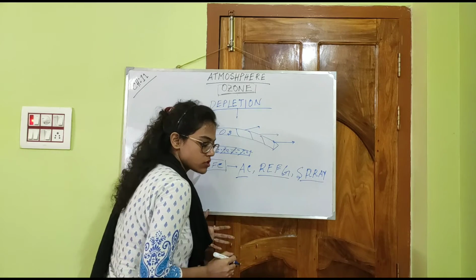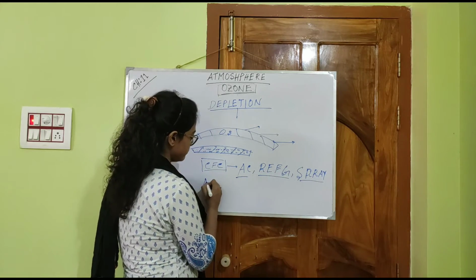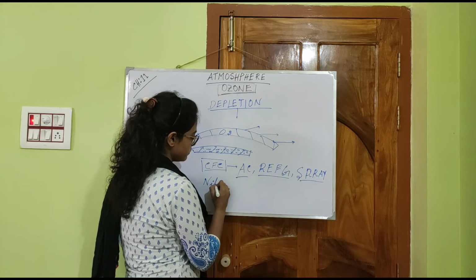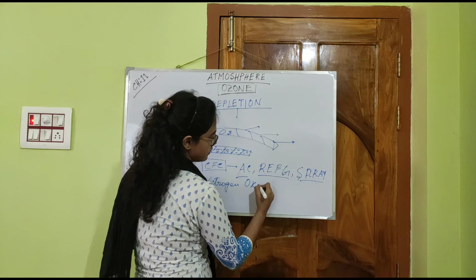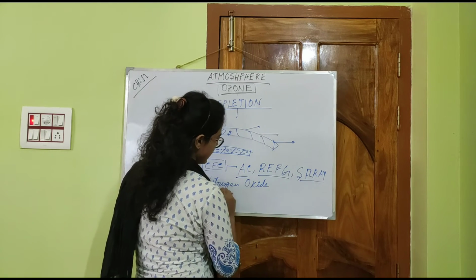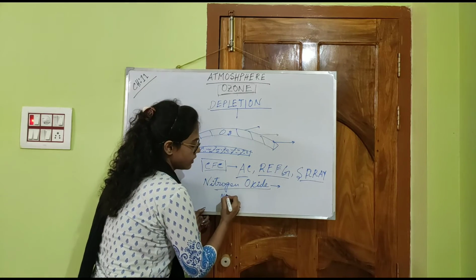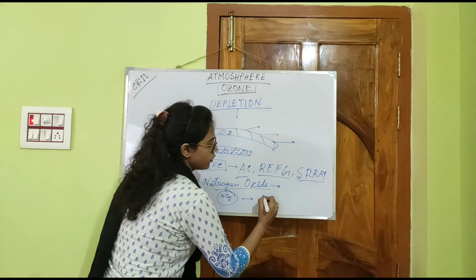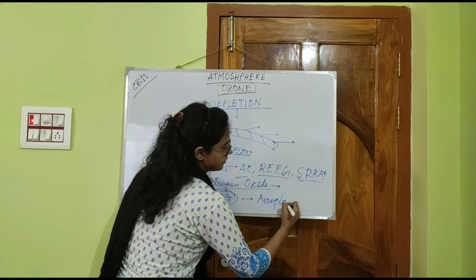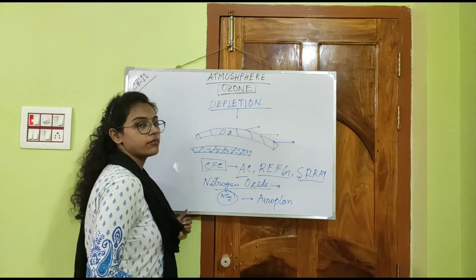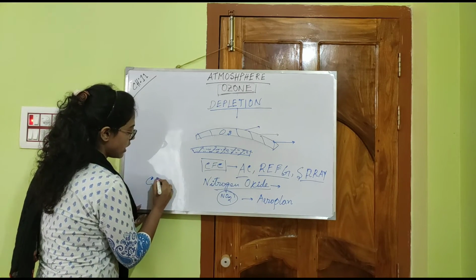And the next one, most importantly, is nitrogen oxide. From where is it coming? Nitrogen oxide is coming from the aeroplane. And the second one is carbon monoxide.